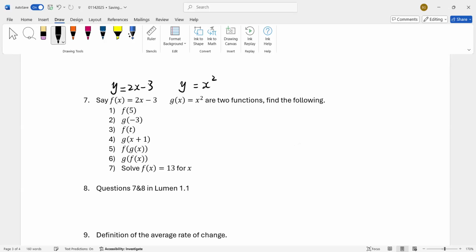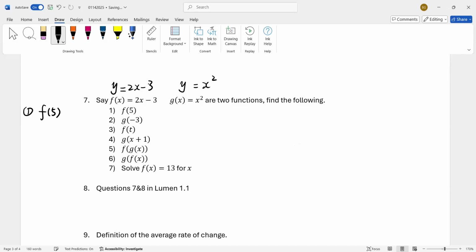Let's complete the following 7 parts. The first part, we need to look for f of 5. Once you understand the notation, I believe you know how to find the answer. Remember, the stuff in the parentheses next to the function name f is always the input.